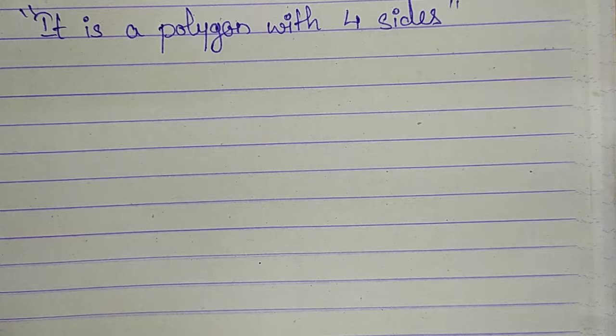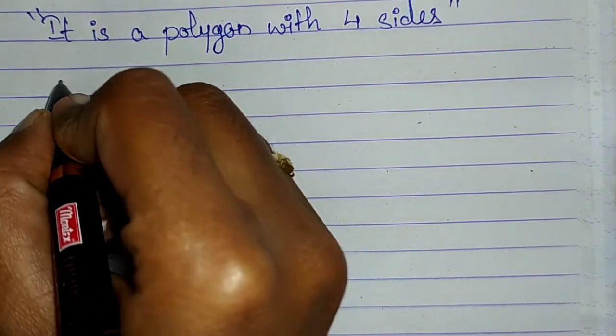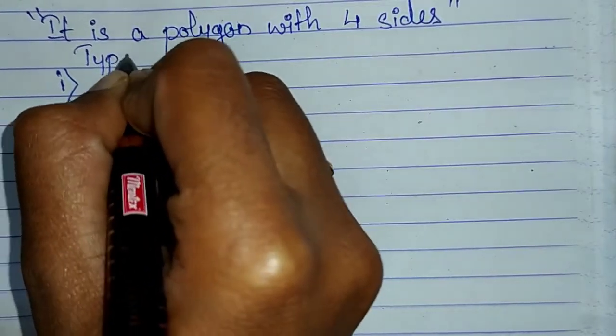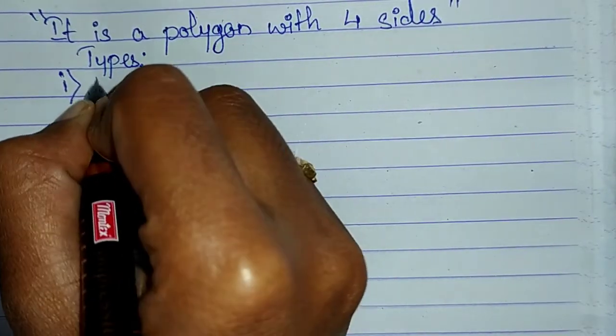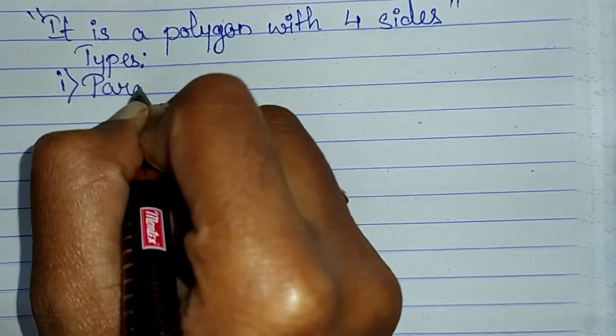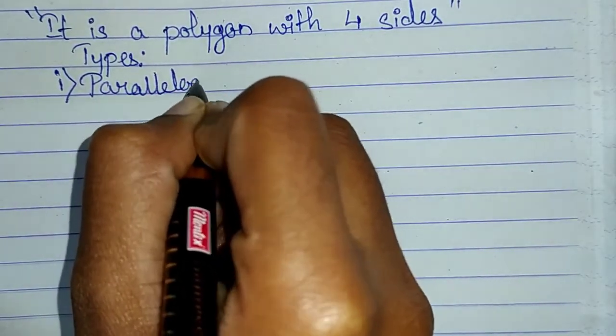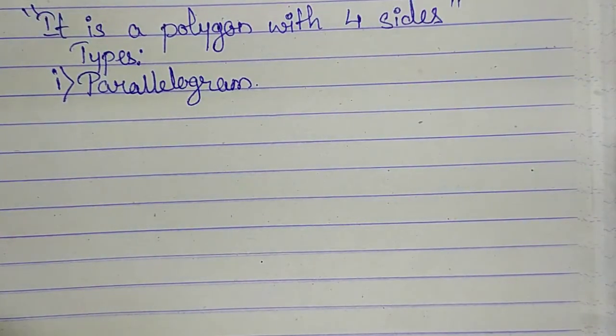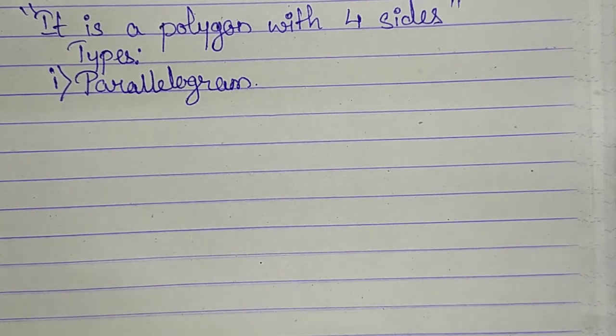And there are various types of quadrilaterals. The very first type is a parallelogram. A parallelogram is a quadrilateral in which opposite sides are parallel and equal to one another.